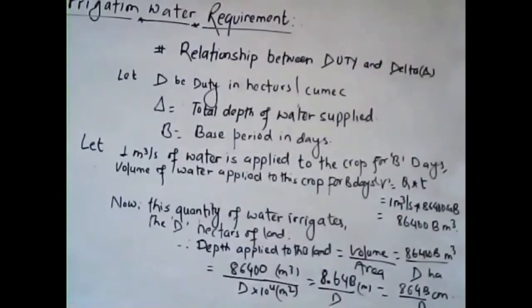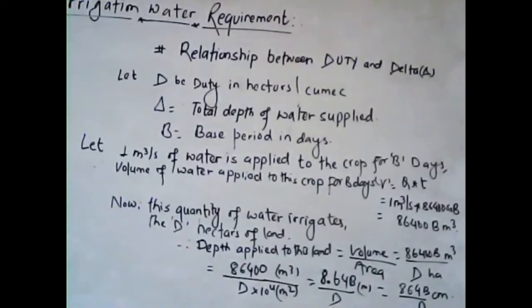Now friends, we will determine the relations between duty, capital D, and the delta. Okay, so we will find the relations between them. For this we assume capital D is the duty of the irrigating field, whose unit is hectares per cumec.